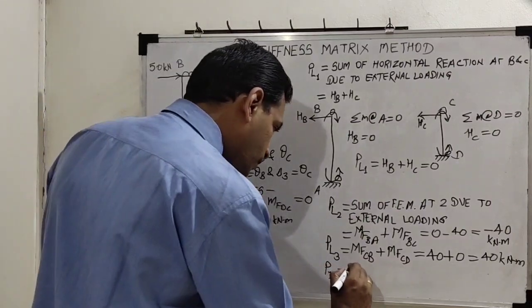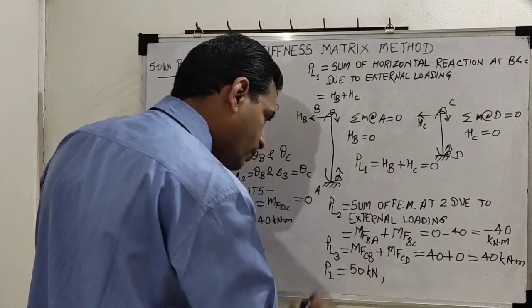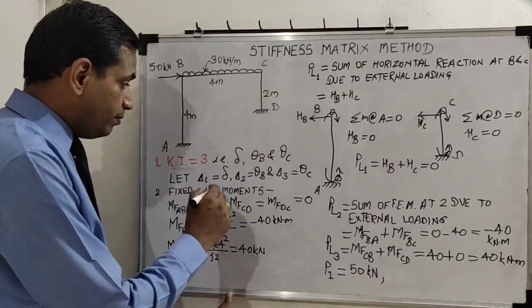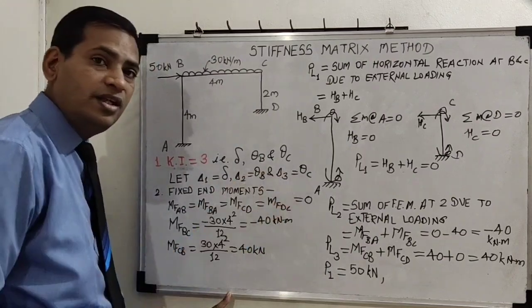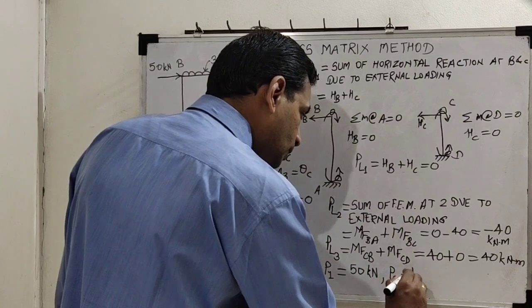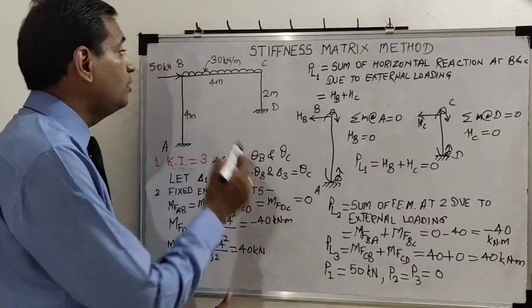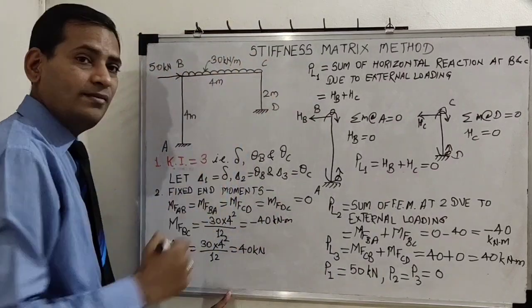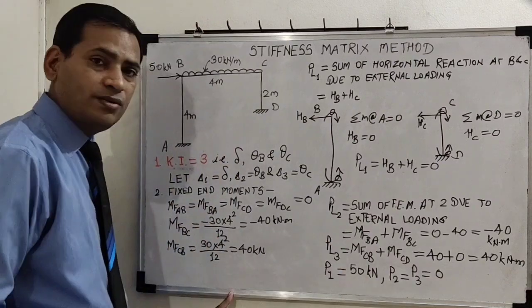So P1 is 50 kilonewton. P2, P3 correspond to theta B and theta C. So we will have to look for external couples, which are absent on both the locations. There is no external couple on B and C. So P2, P3 is 0.